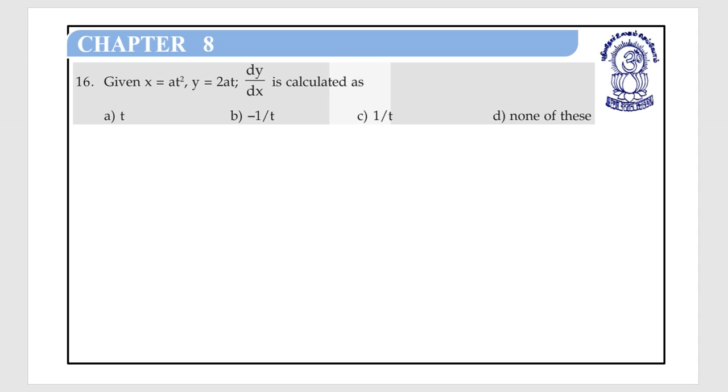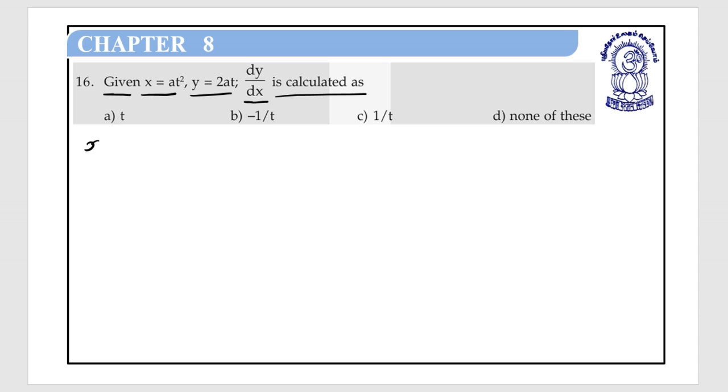The question is: given x is equal to at square, y is equal to 2at, find dy by dx. Here x and y are both in the form of t.